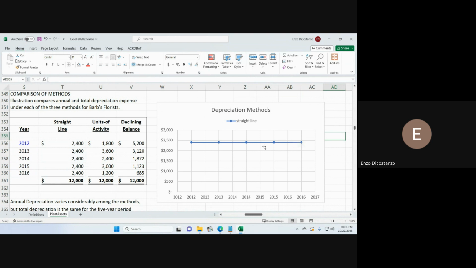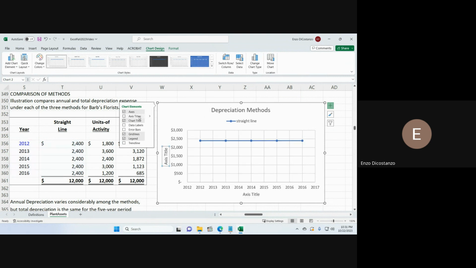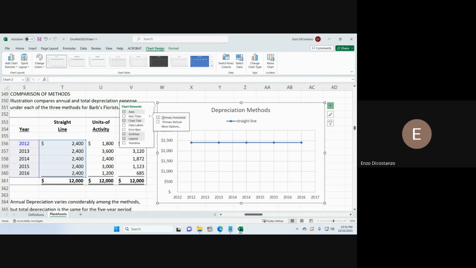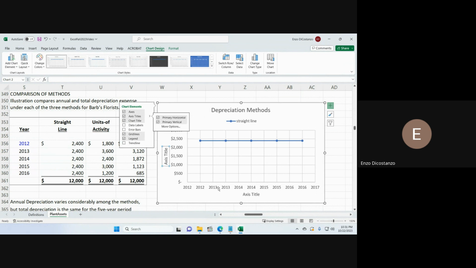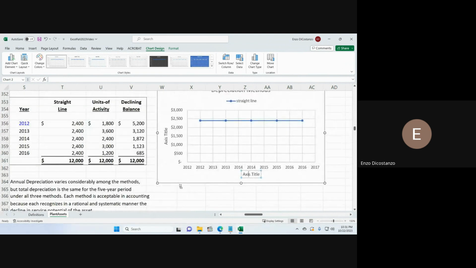Obviously, this is that 2400. Okay. Also, you want to do chart title. We have axis title, horizontal, vertical. Okay. And this would be what? This would be years.